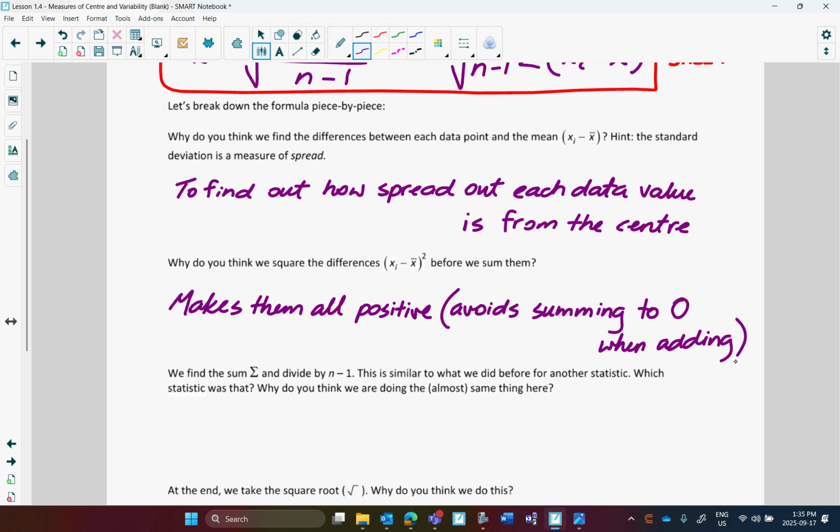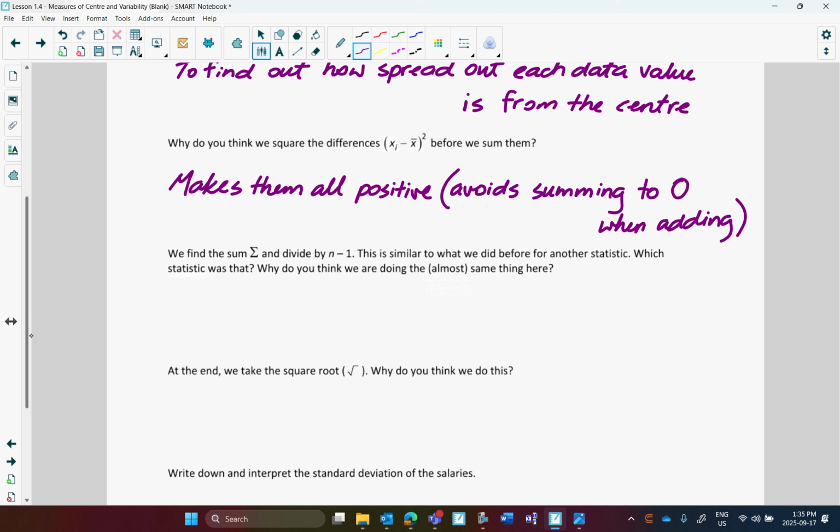At some point, we're going to have to square root it to get back to the proper units. So we find the sum of all these after they're squared and become positive. This is similar to the mean, except instead of finding the total data values over the number, we're finding the total differences squared over the number minus 1, over the number of data values minus 1.